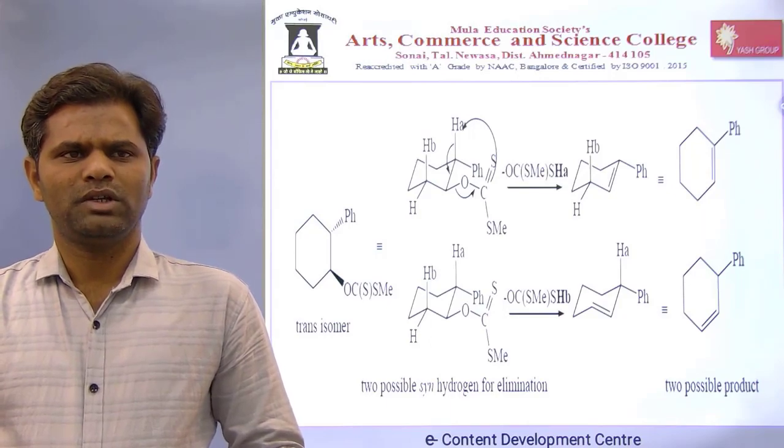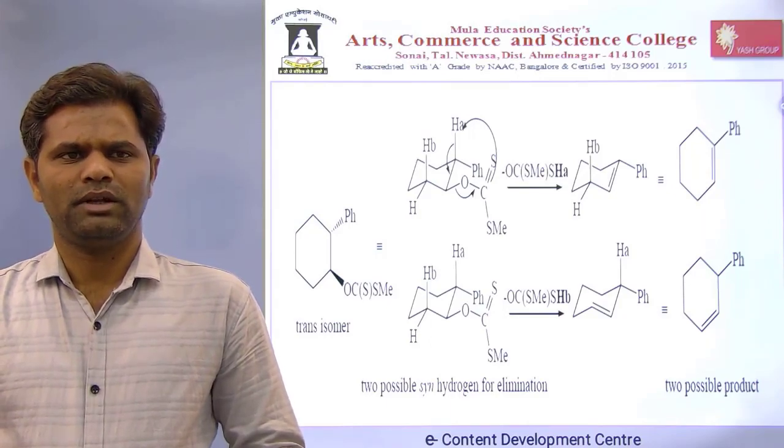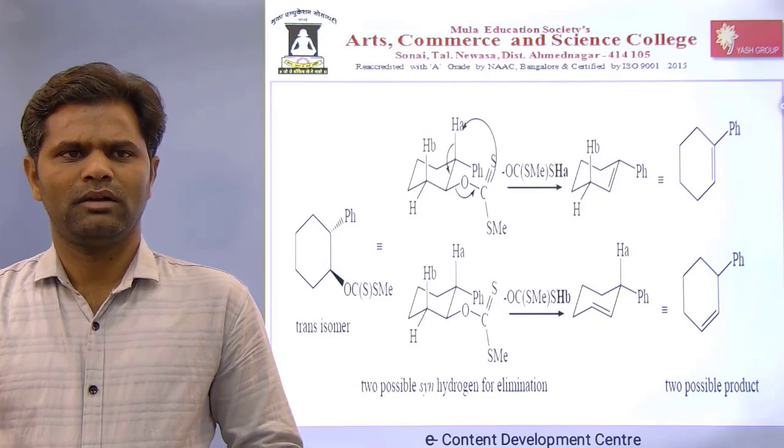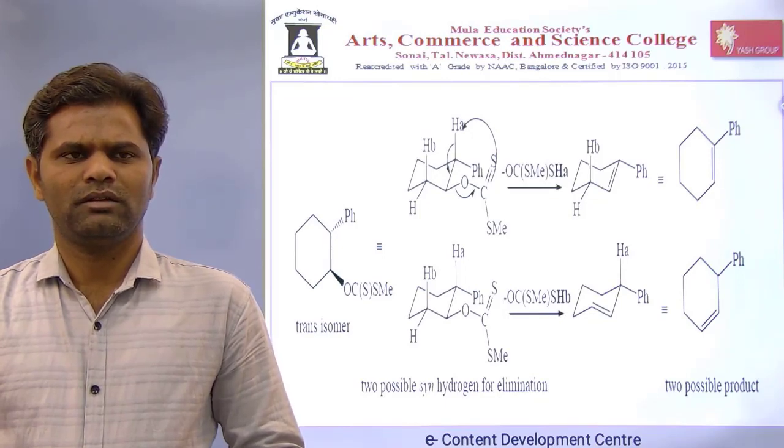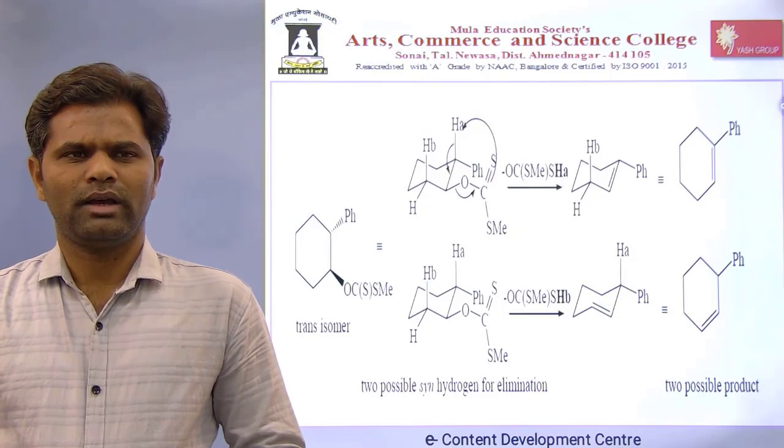If you consider the elimination reaction, let's see whether it satisfies our stereoelectronic requirement or not. In case of cis elimination, you have to follow the condition that the atoms or groups eliminated must be cis to each other. In this case, with respect to the equatorial leaving group, the axial hydrogen at the adjacent carbon has the cis orientation.